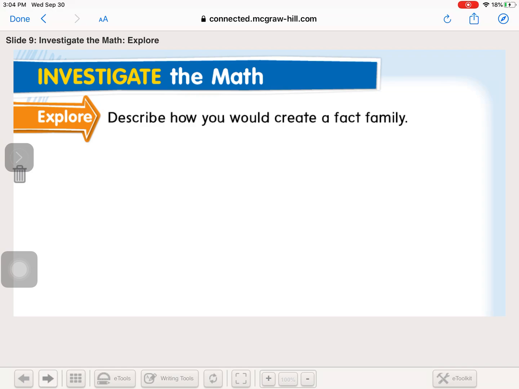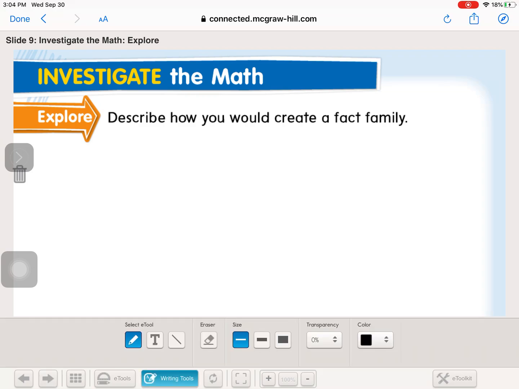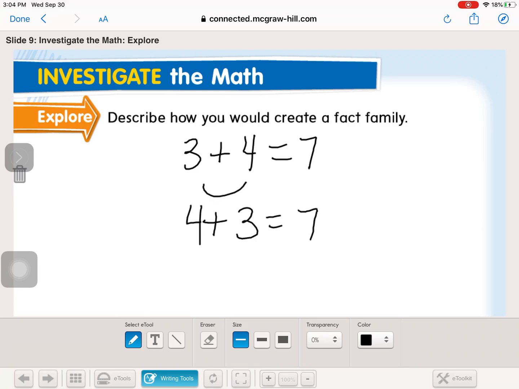So for example, if I have 3 plus 4 equals 7, I then can create a fact family by using the commutative property and switching these around, and using my knowledge about addition and subtraction being related, starting with my whole and then switching my parts around as well.